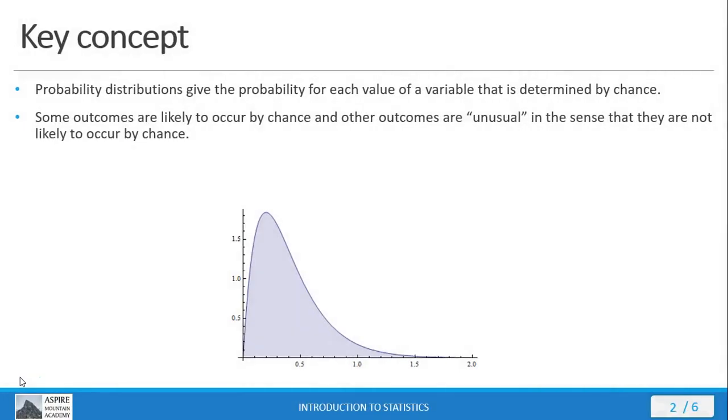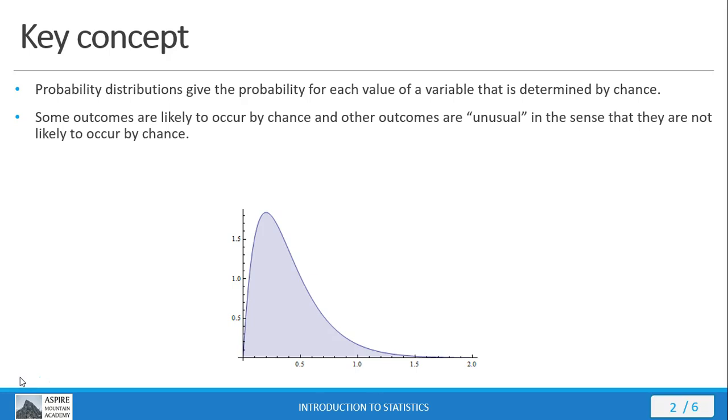So, the key concepts that we need to understand with probability distributions are first, that they give the probability for each value of a variable that is determined by chance. The variable is what is determined by chance here, not the probability. The probability is just going to be what it is.